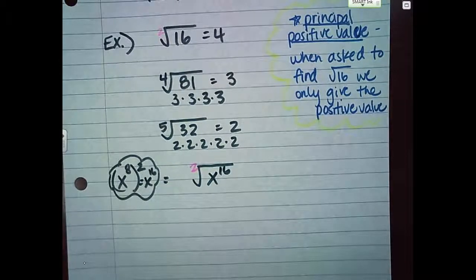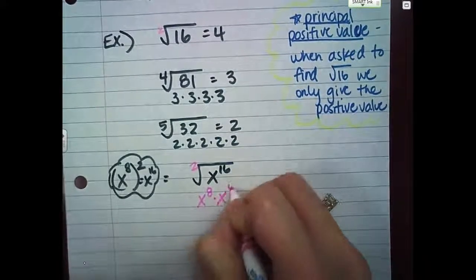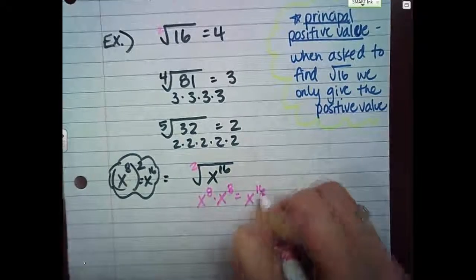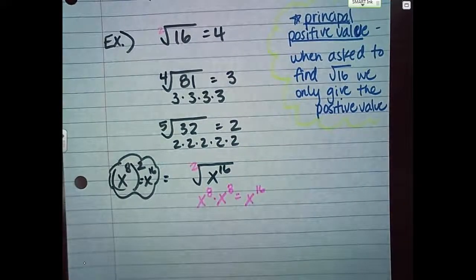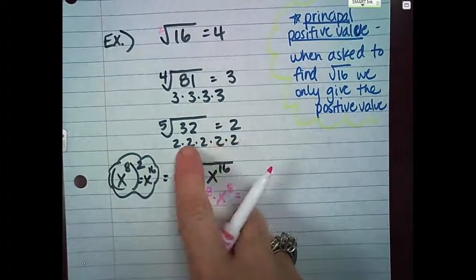Anybody know? X to the 8th, because you're multiplying. So in other words, I'm saying x to the 8th times x to the 8th gives me x to the 16th. Do you agree? I know, weird, right? We multiply up here, didn't we? So the property doesn't change.